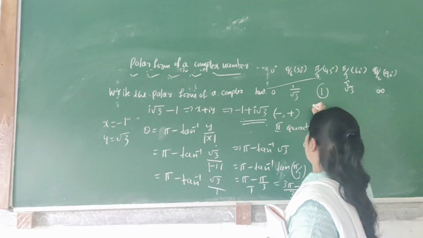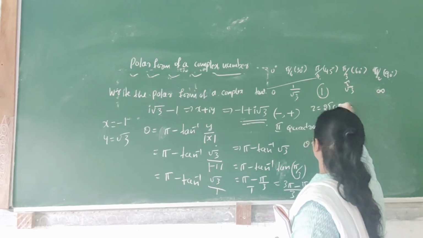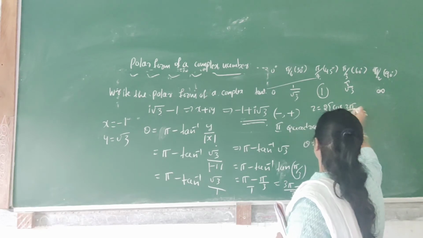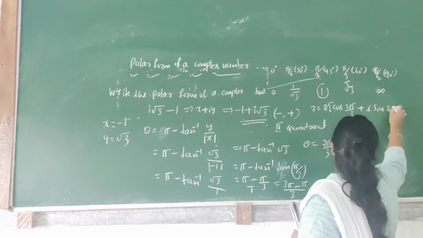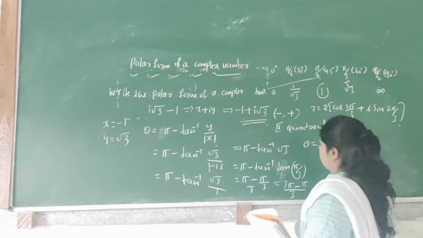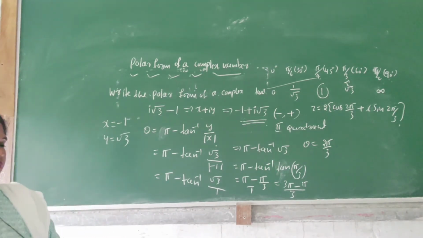So therefore z is equal to r into cos 2 pi by 3 plus i sin 2 pi by 3. This one is the polar form of the complex number.